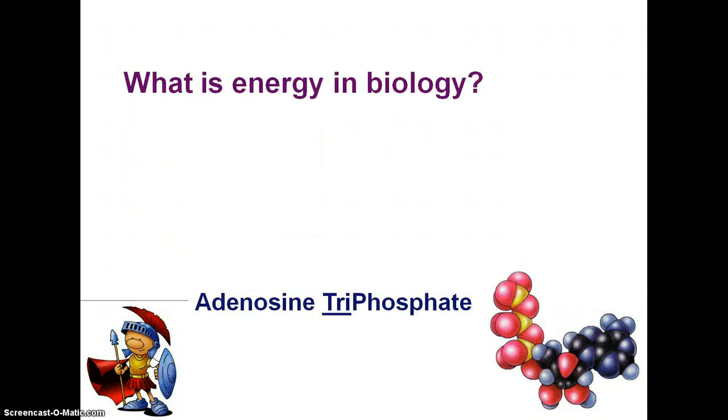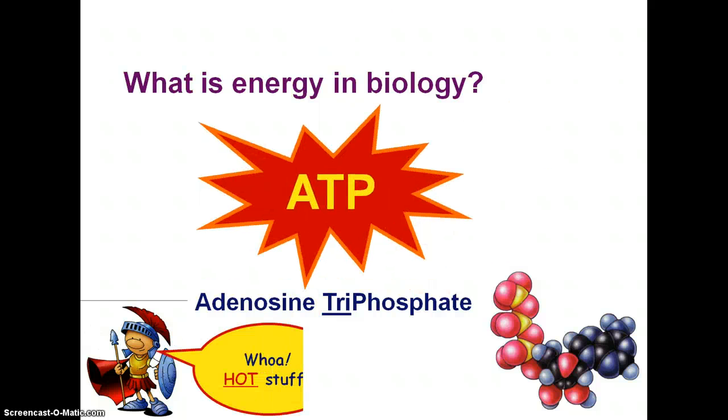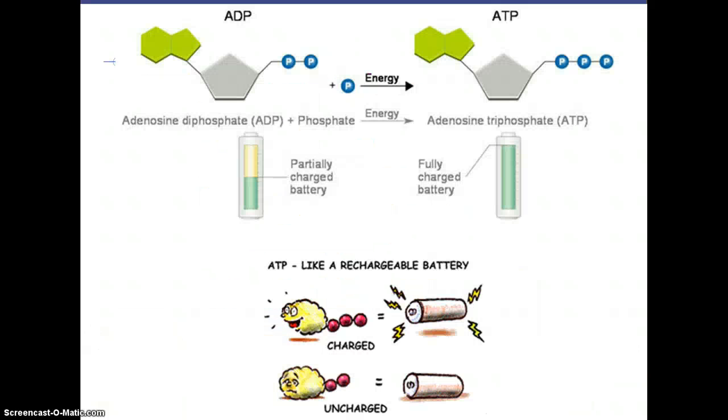What is energy in biology? Why, ATP, of course. ATP is kind of like a rechargeable battery. ATP carries around these little chunks of energy, and you release that energy by pulling off this last phosphate group. When you do that, you release a perfect little quantity of energy to get most reactions in your cells to occur.